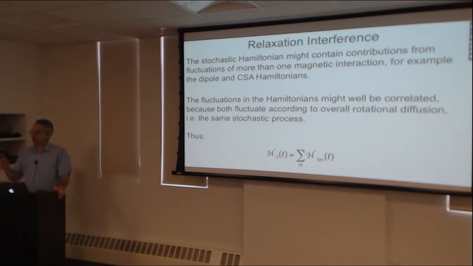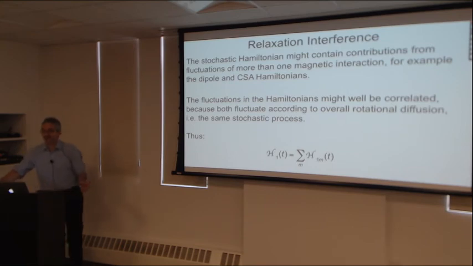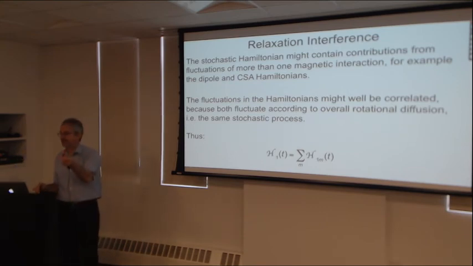So far we've only talked about single interactions, say the dipole, but we go back to the N15 case. The N15 spin is relaxed by a dipole interaction with the attached proton and by chemical shift anisotropy of the N15. The dipole tensor is oriented along the axis, the bond vector. The CSA tensor is oriented almost parallel.